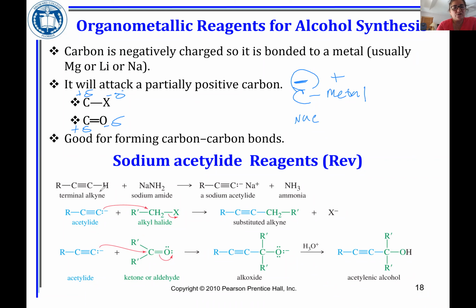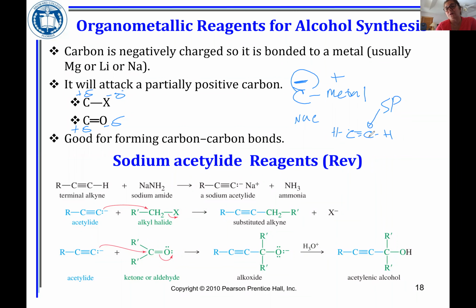The other case that you could have carbon with the negative charge is using of acetylide. And the acetylide is, if you have acetylene, hybridization for carbon is sp.